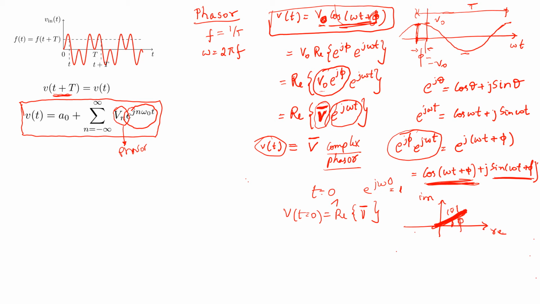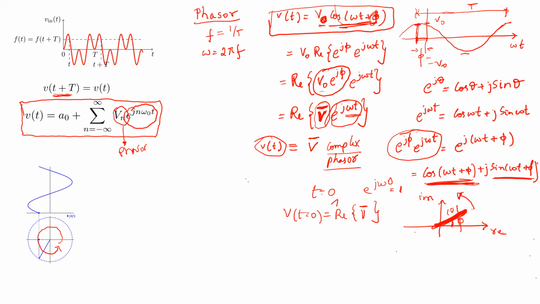Now, as time progresses, this phasor starts to rotate in the complex plane. All that changes is the phase angle. The magnitude remains the same, but the phase angle keeps changing. And that can be visually seen as omega t progresses, this phasor keeps circling around in time.